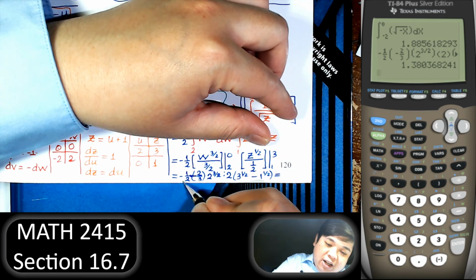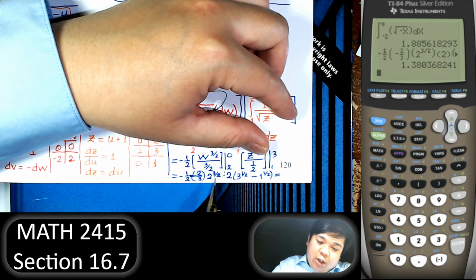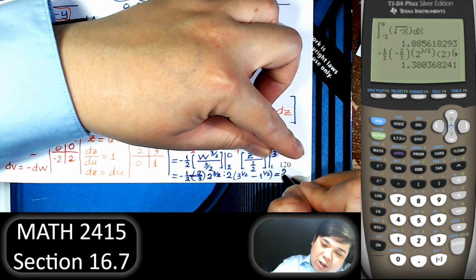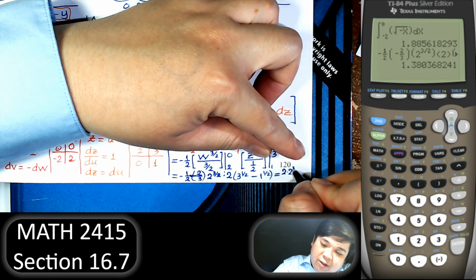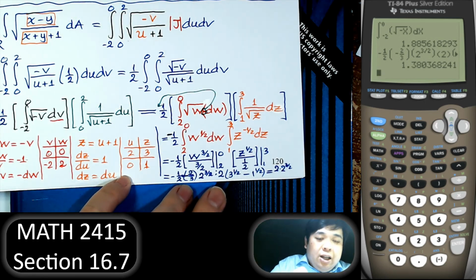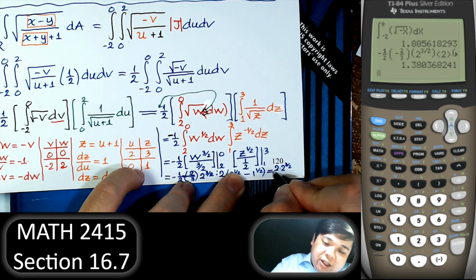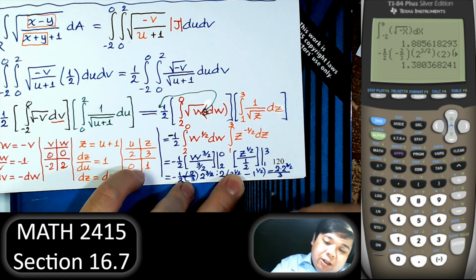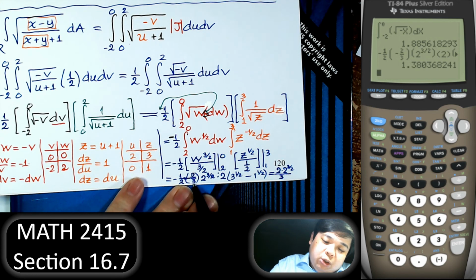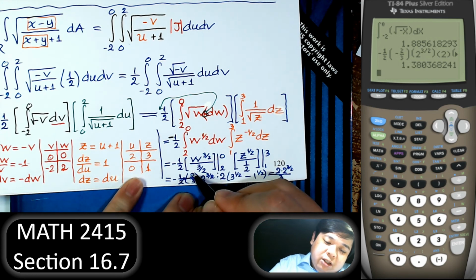The negative and negative cancel out, 2 and 2 cancel out. We have 2 times 2 to the 3/2 over 3. But that 2 cancels out.